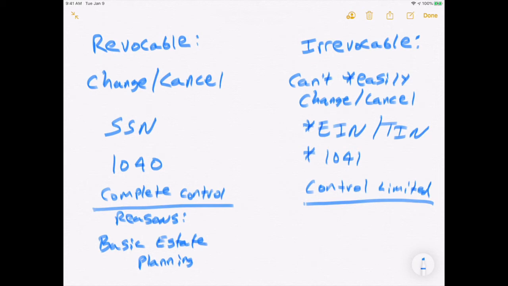With an irrevocable trust, why would you want to create an irrevocable trust while you're still living? Well, there are certain gift and estate tax reasons to form an irrevocable trust. You might want to try to lower the size of your estate by making certain gifts, and you can take advantage of certain tax planning opportunities by putting it into an irrevocable trust rather than just gifting it to the beneficiaries directly.